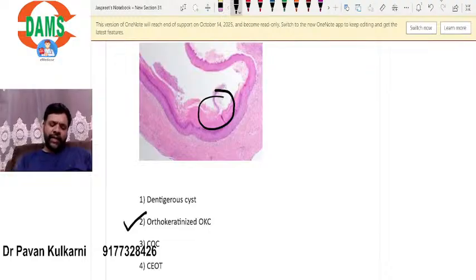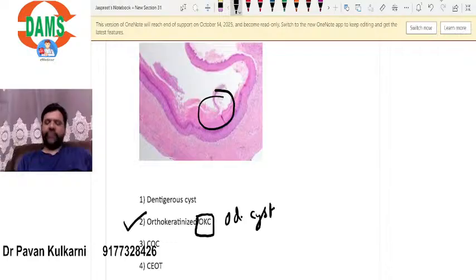Rather than calling it OKC, the nomenclature is wrong. They should have called it orthokeratinized odontogenic cyst. Actually it is not a type of OKC, it is a totally different cyst. Okay, OOC.